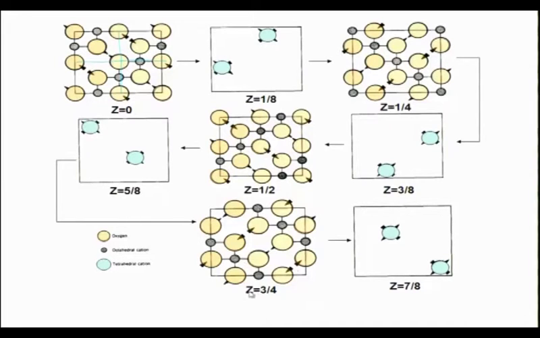Then you go to Z equal to 3/4. Again you go to a similar structure as you have here, but again you rotate the position of filling. So now the tetrahedral sites are filled, octahedral sites are filled in this fashion. This row is empty, this row is filled, this row is filled, this row is empty, this row is empty. Alternate filling of rows. Finally you come to Z equal to 7/8, where you have filled 2 tetrahedral interstices.